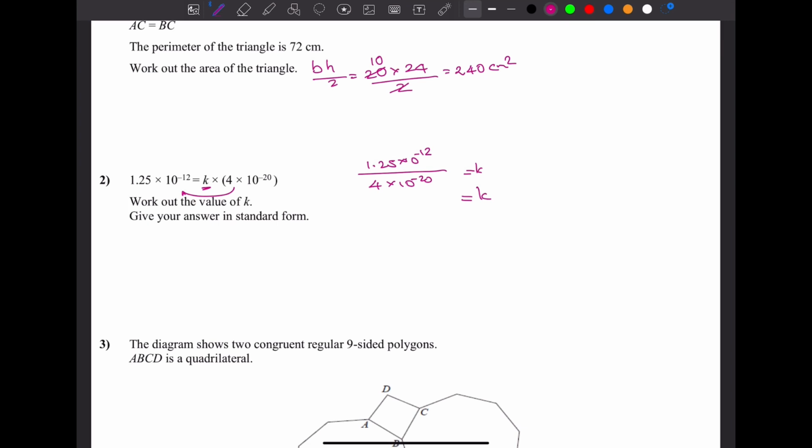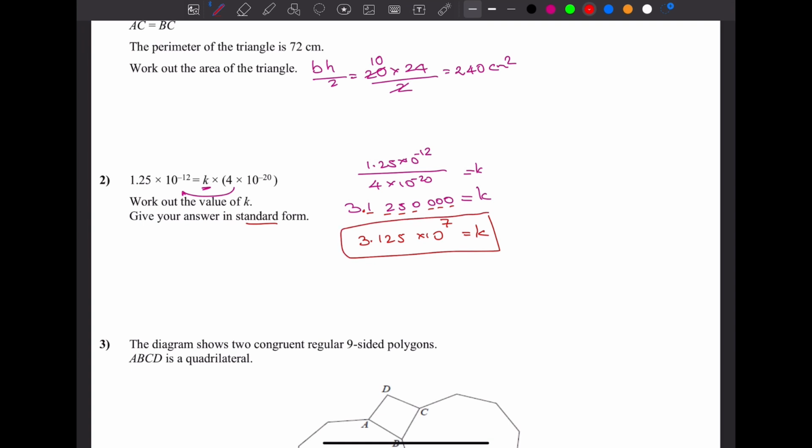That gives you 31,250,000. You want the answer in standard form, so 3.125 times 10 to the power, if I put a decimal point here, 1, 2, 3, 4, 5, 6, 7, 10 to the 7. That's the value for k.